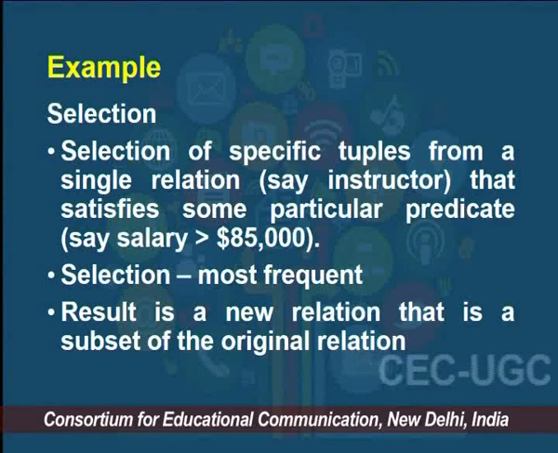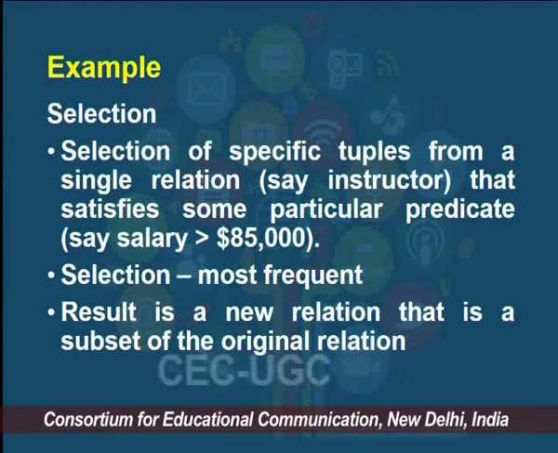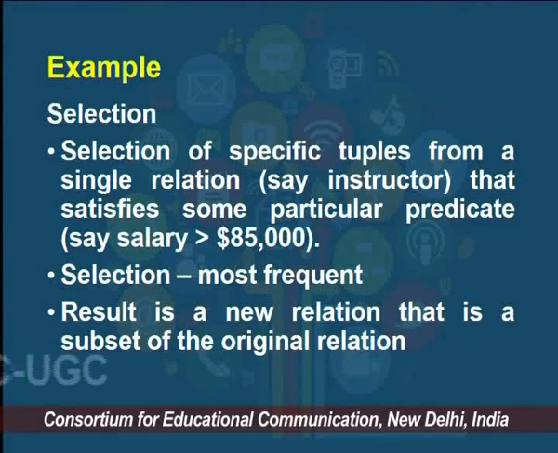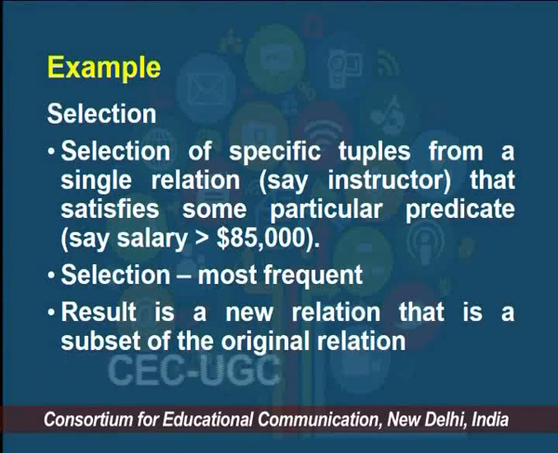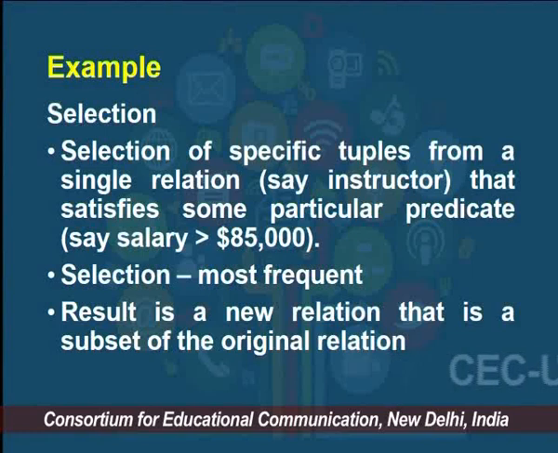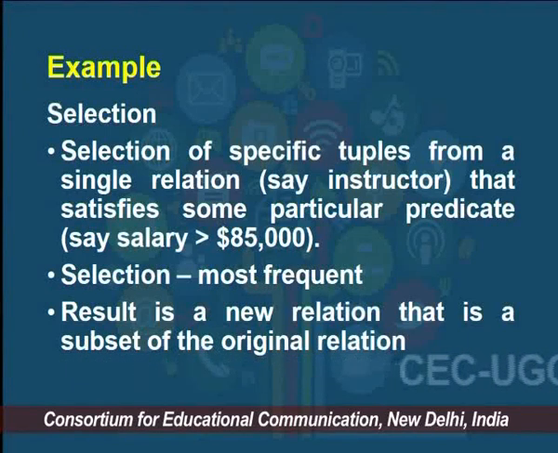All these rows, tuples will be selected, and we are going to have a new relation when we write sigma, then salary greater than equals to 85,000, and within the bracket we write instructor, which is the name of the relation. So we will have ID, name, department name and salary for all those instructors where salary is greater than equals to 85,000, and the result will look like this.